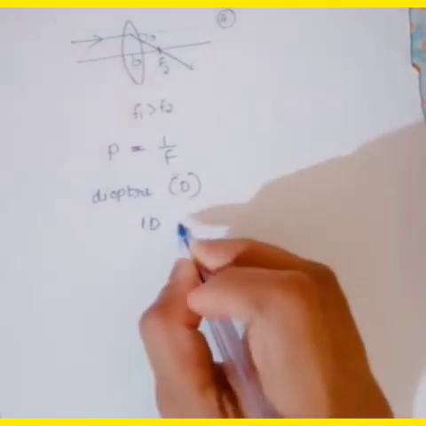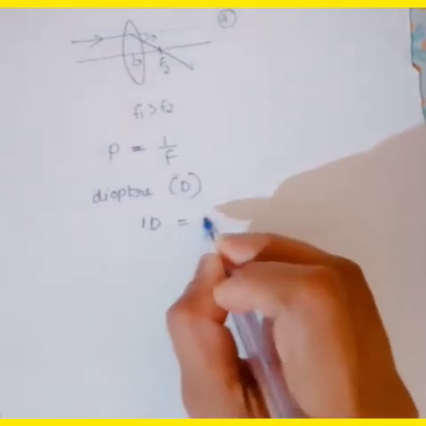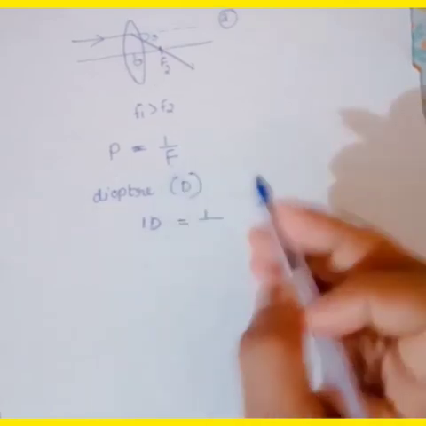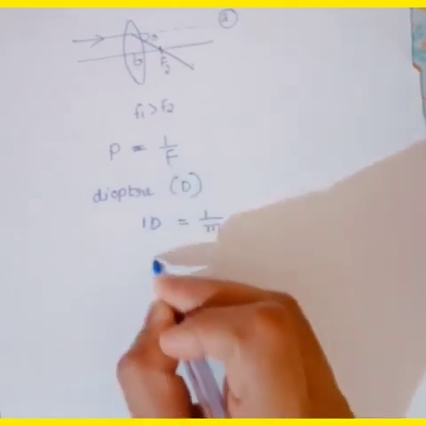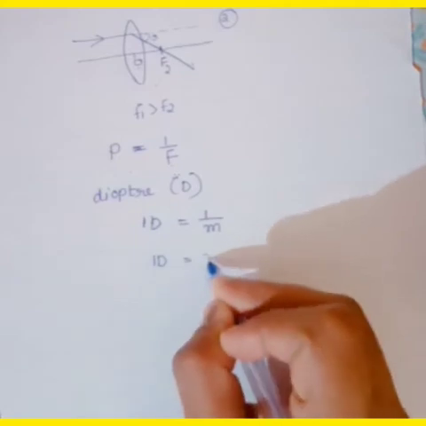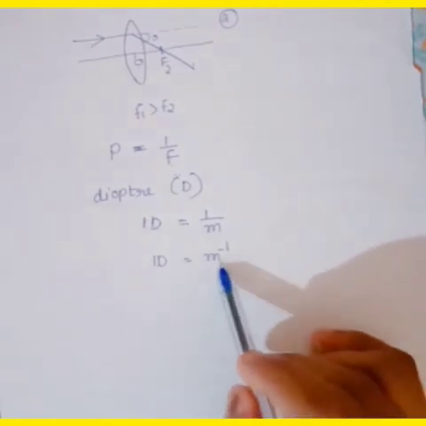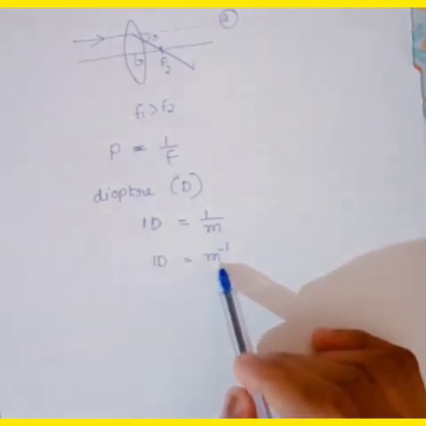One diopter is equal to 1 divided by what is the SI unit of focal length? Meter. So, 1 diopter is equal to meter raised to minus 1. Okay, so 1 diopter is the power of a lens whose focal length is 1 meter.